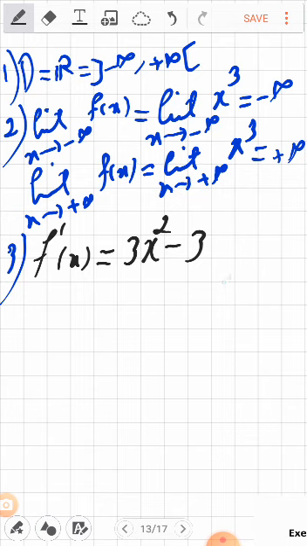We have to set up the table of variation, which means we have to determine the sense of variation. That means we have to determine the sign of the derivative in order to specify the sense of the function f.